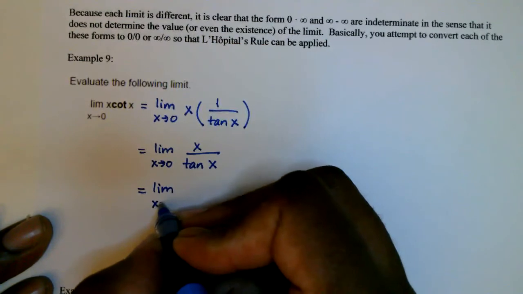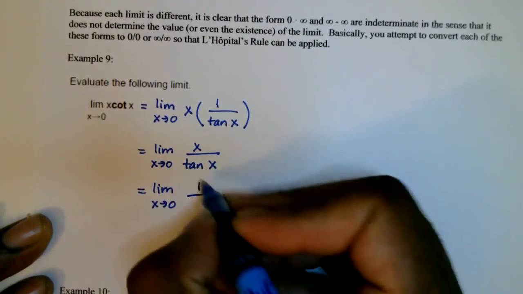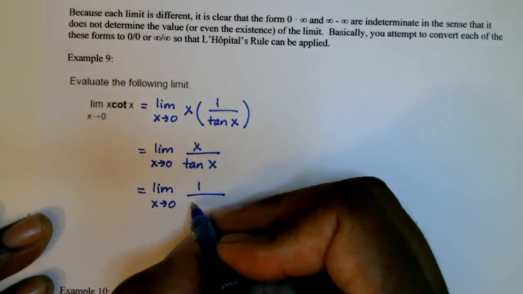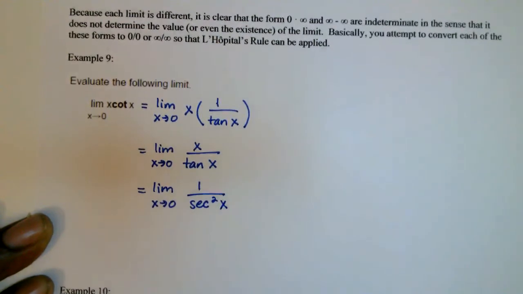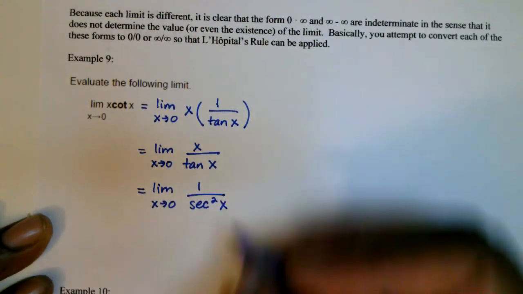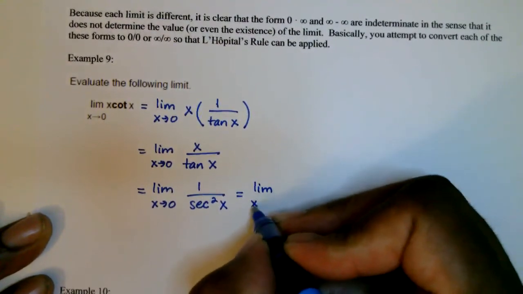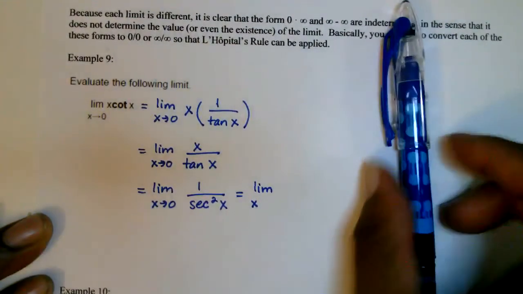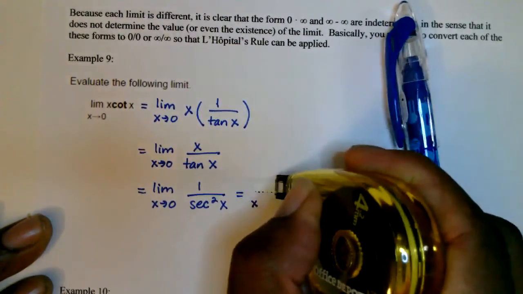So at the limit as x approaches 0, the derivative of x is going to be 1 over the derivative of the tangent of x, which will be secant squared of x. Actually, I can do direct substitution instead of writing this limit over.